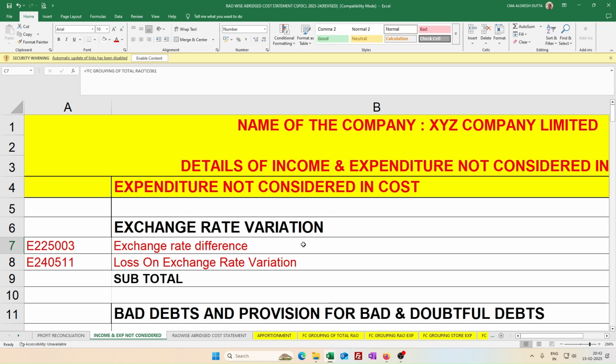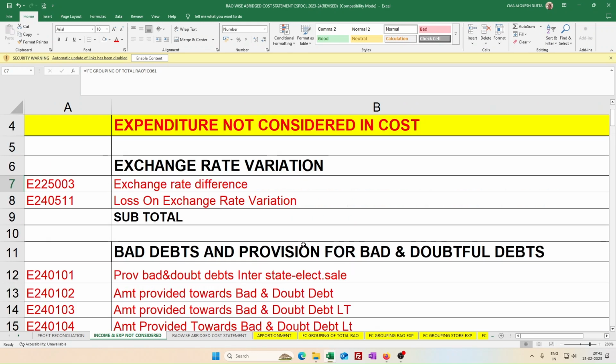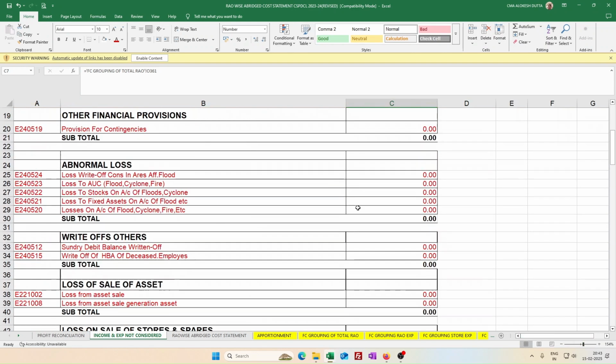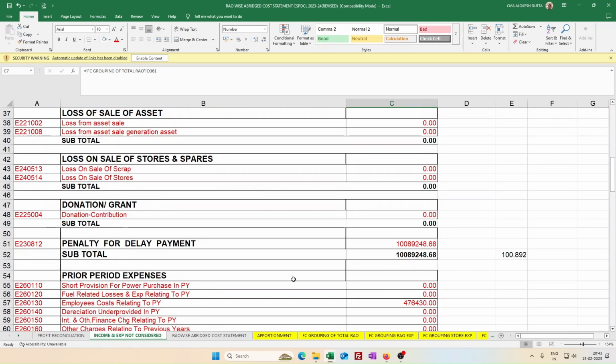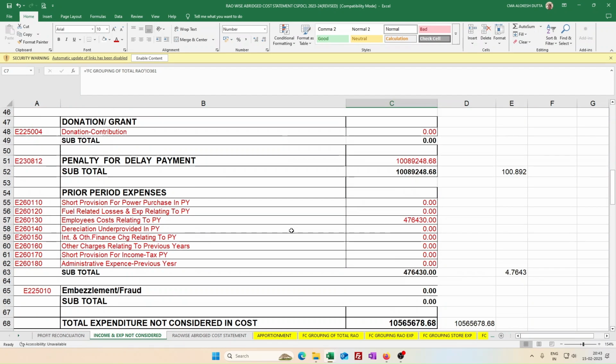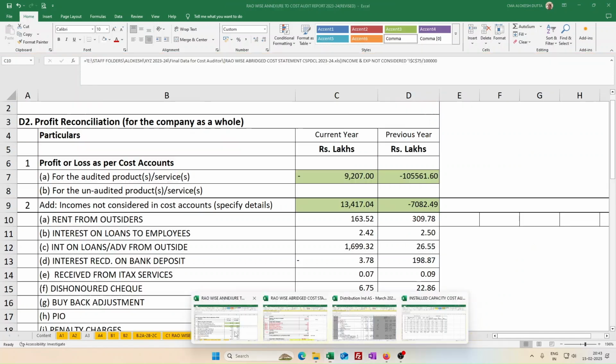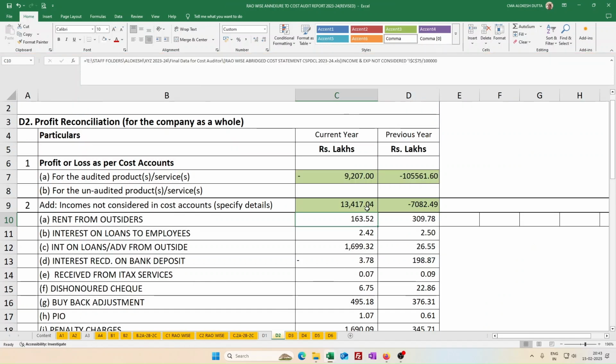You see, expenditure not considered. What is the total? 10565678.68. Here it is.